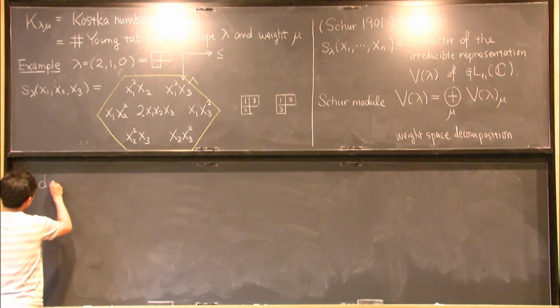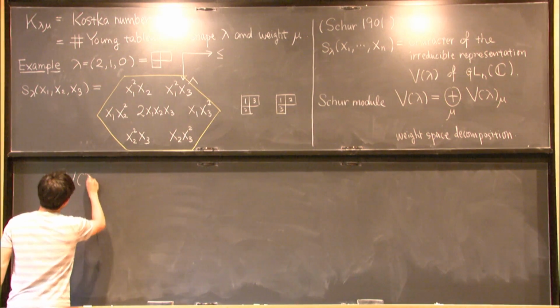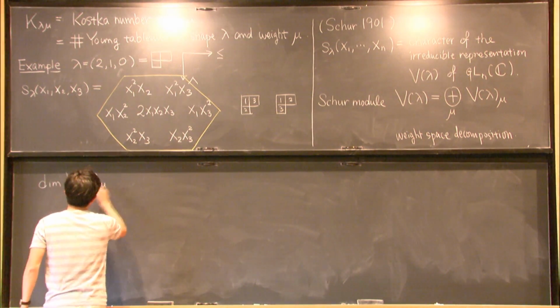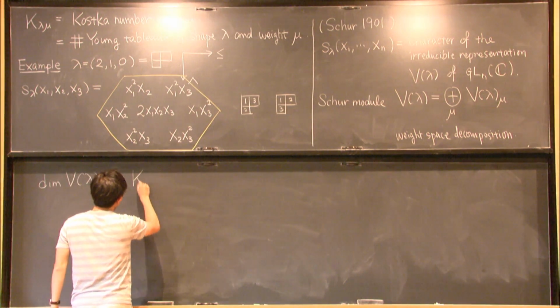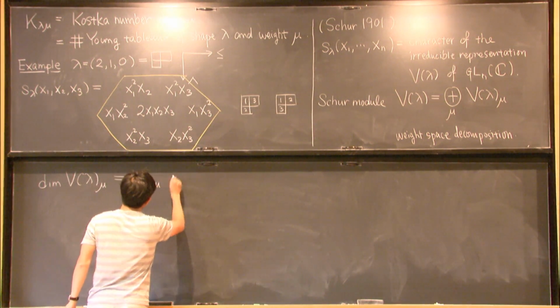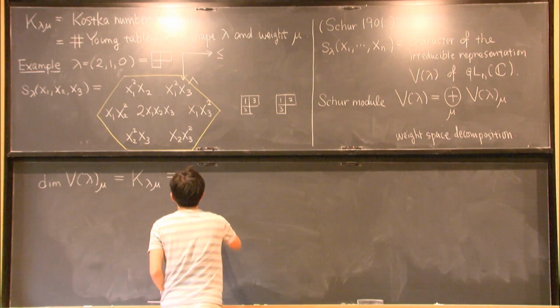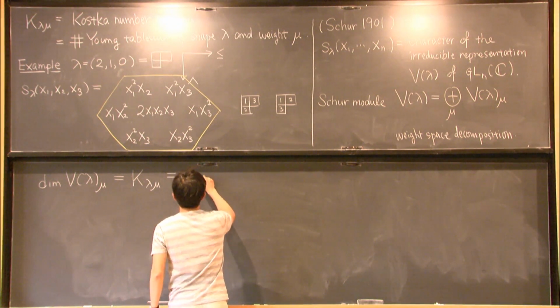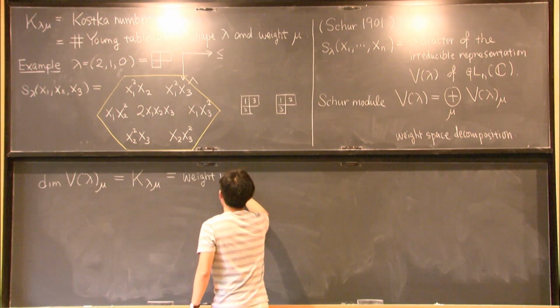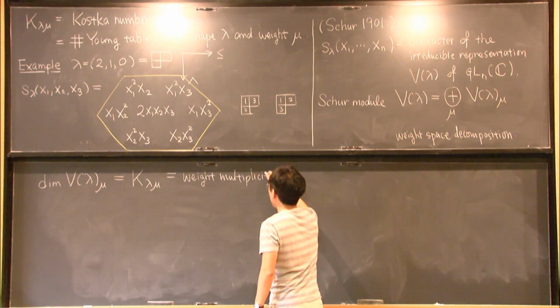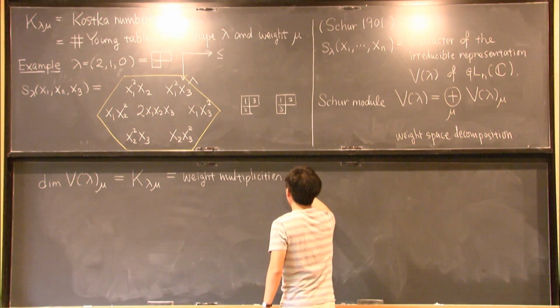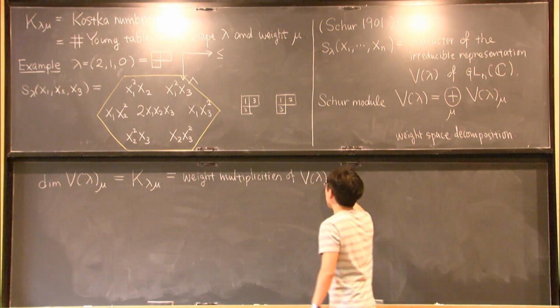And the dimension of these weight spaces, V lambda to the mu, is the Kostka number K of lambda mu, which we may now call weight multiplicities of V lambda.